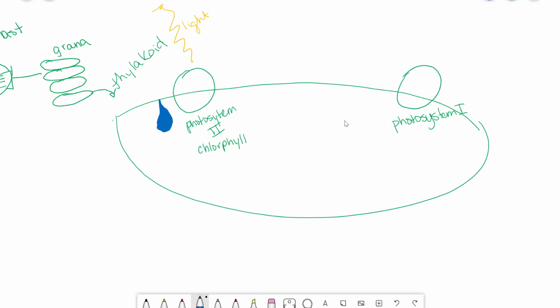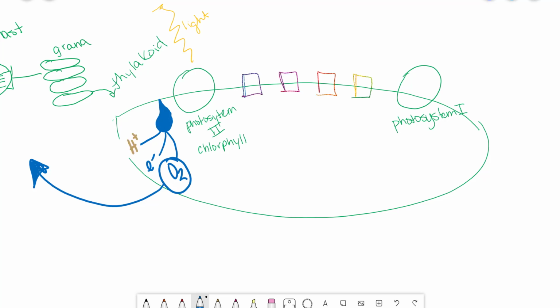What happens is the photons in the light are going to break this water into hydrogen, electrons, and oxygen. The oxygen is going to be breathed out, or released, into the atmosphere.